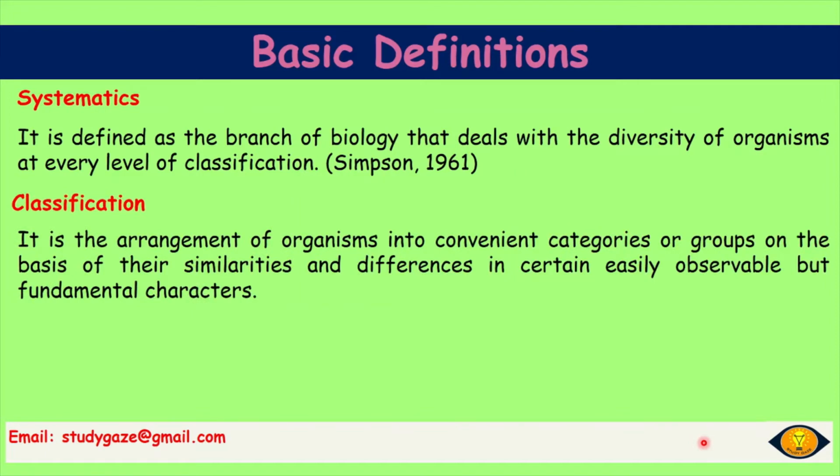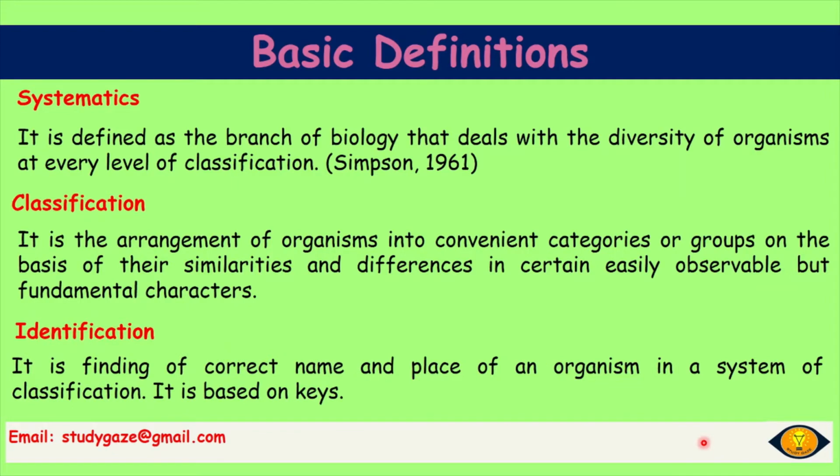It is the arrangement of organisms into convenient categories or groups on the basis of their similarities and differences in certain easily observable but fundamental characters. Identification. It is finding of correct name and place of an organism in a system of classification. It is based on keys. What are keys? We will see in a few minutes.